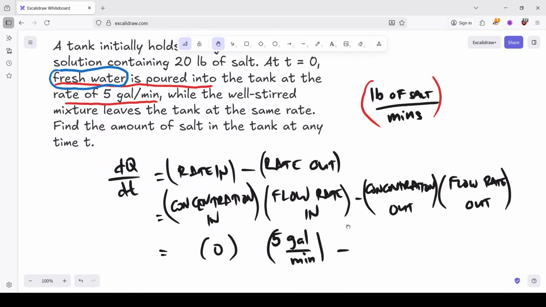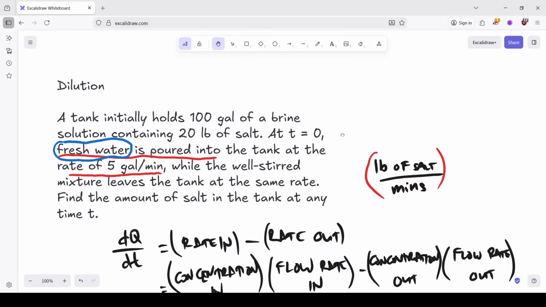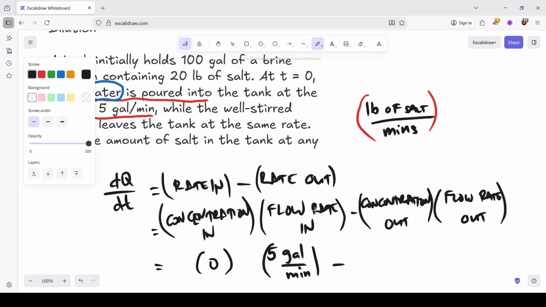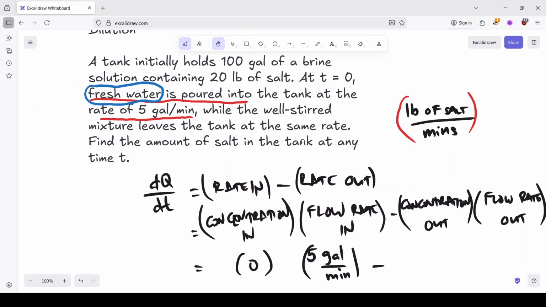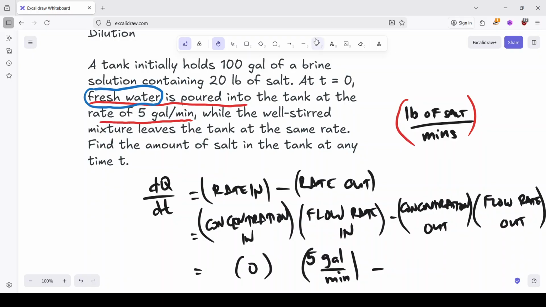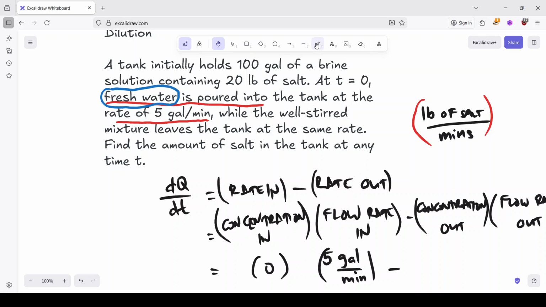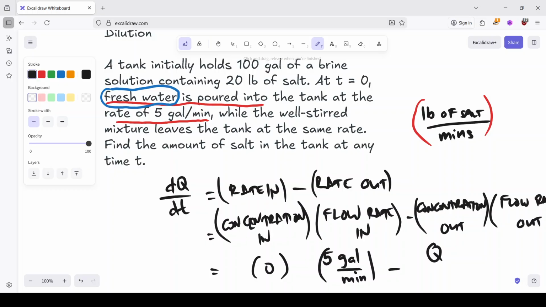So for the concentration going out, this will be the concentration inside the tank, or the concentration of the current solution. In other words, that will be the amount of salt, which we don't know the value, the instantaneous value, divided by the volume of the tank.